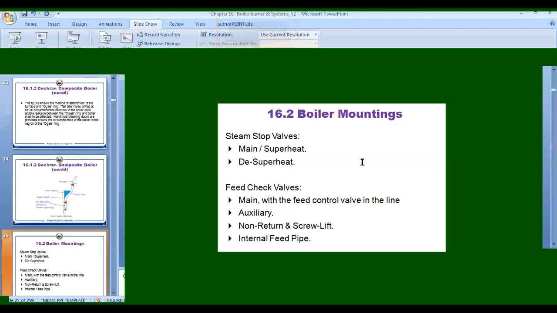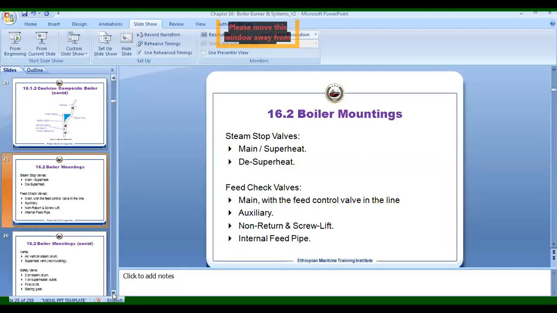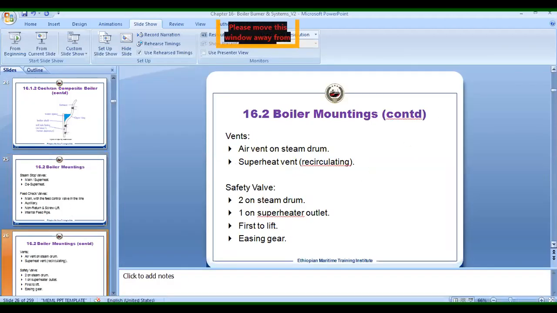And then you have the auxiliary feed check valves. All these feed check valves need to be non-return and screw lift. Then you have vents. Basically on the steam drum, you'll have a vent. The purpose of all these vents, etc., we'll come to later.